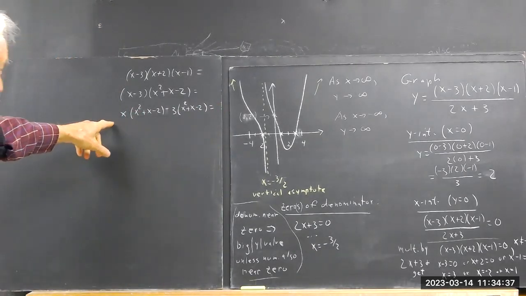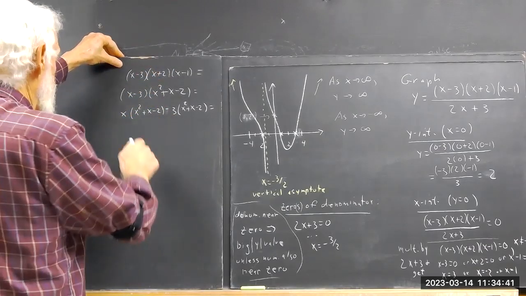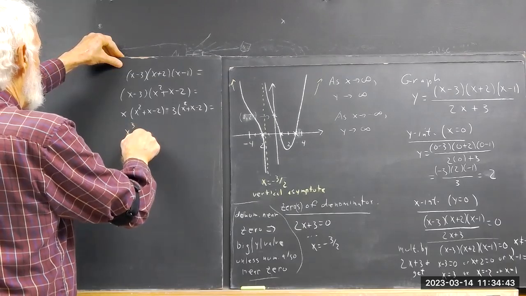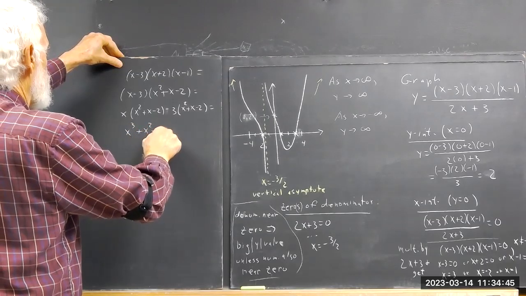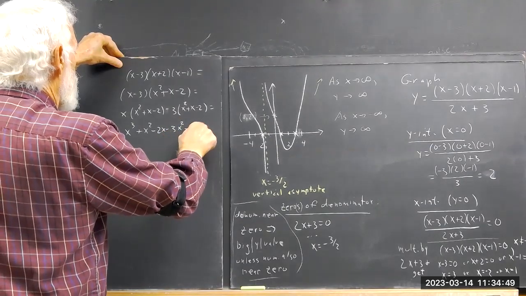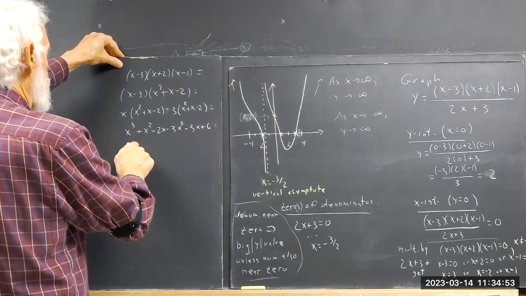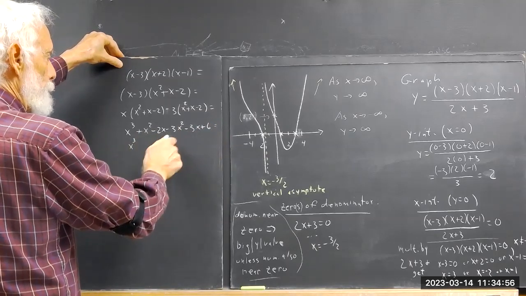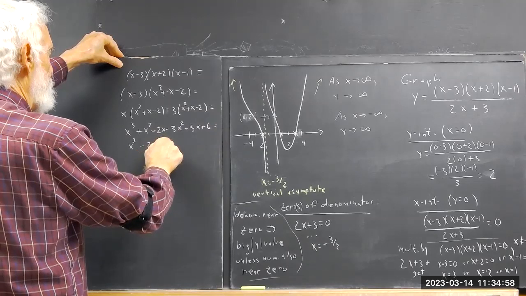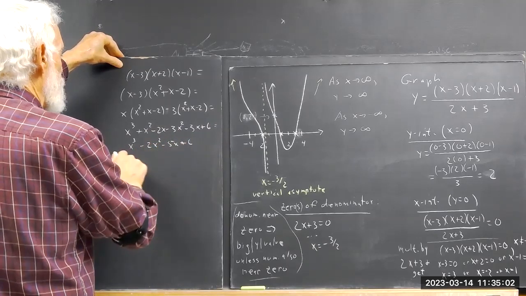Okay, so there's the distributive law applied to this product, and that gives us x cubed plus x squared minus 2x minus 3x squared minus 3x plus 6. And that equals x cubed minus 2x squared minus 5x plus 6.